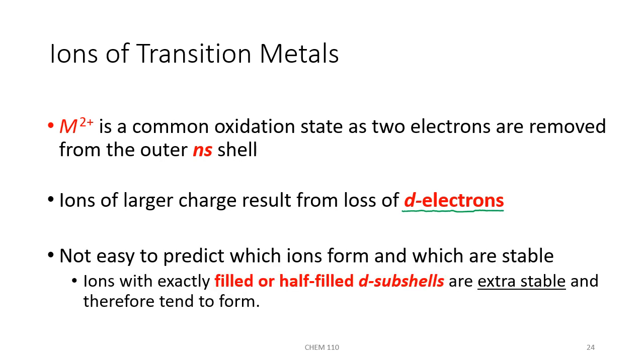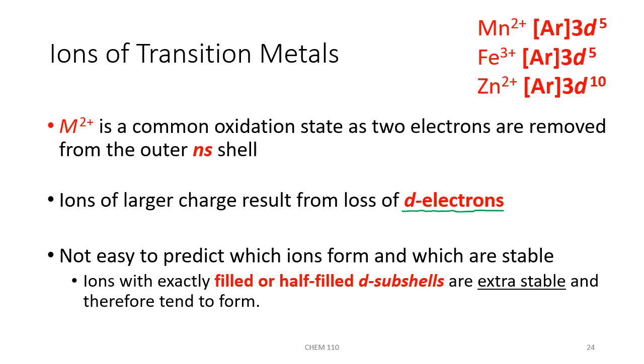We can't easily predict what ions will form, but if we know that having completely filled or half-filled d subshells are extra stable, however many electrons it takes to get to that point, that'll be the ion that it'll form. So, for example, manganese 2+ forms, and it ends up having [Ar] 3d5. We saw iron 3+ has the same configuration, [Ar] 3d5.